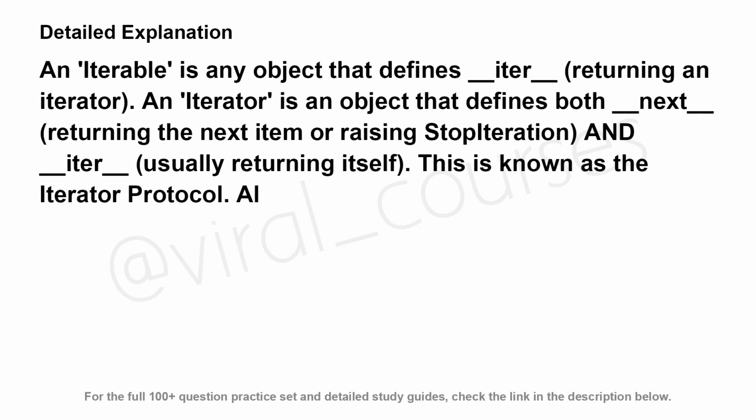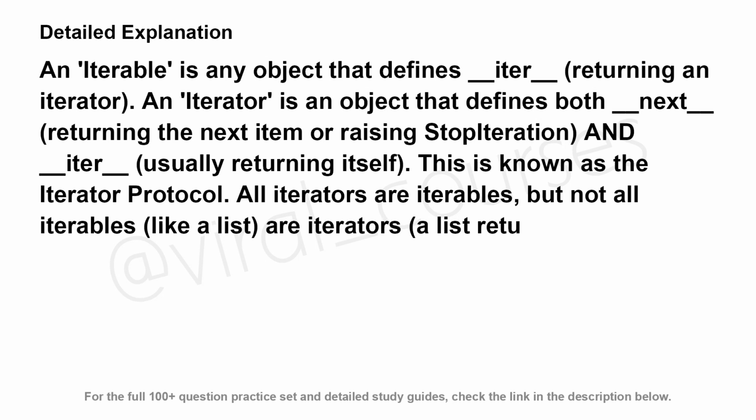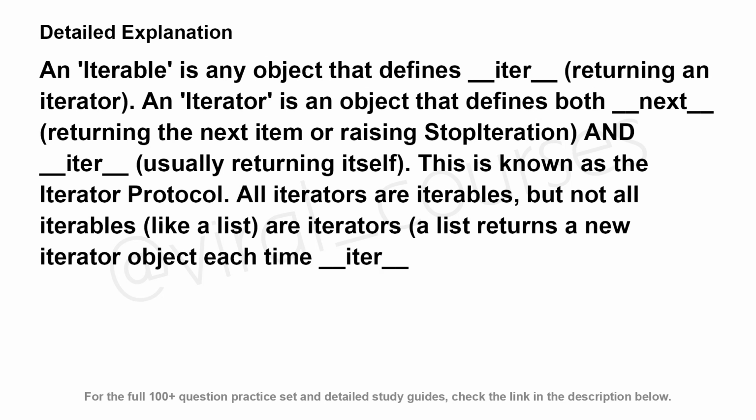This is known as the iterator protocol. All iterators are iterables, but not all iterables, like a list, are iterators. A list returns a new iterator object each time __iter__ is called.